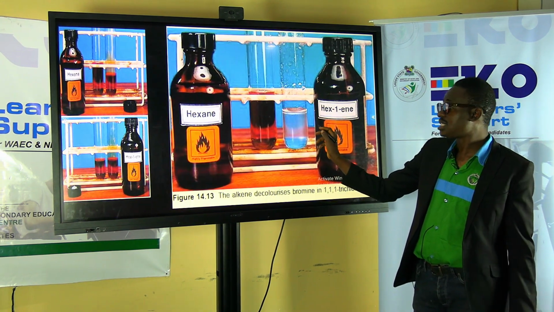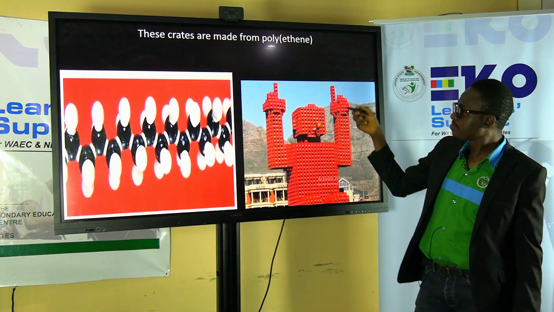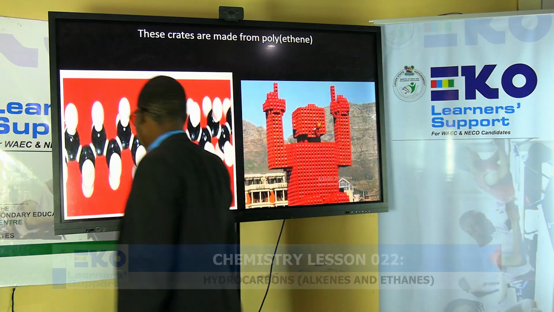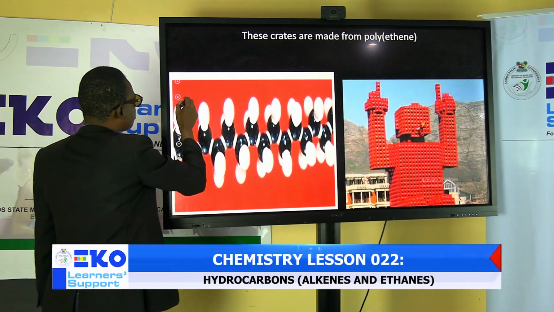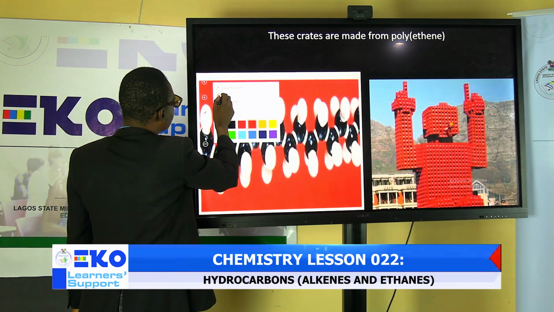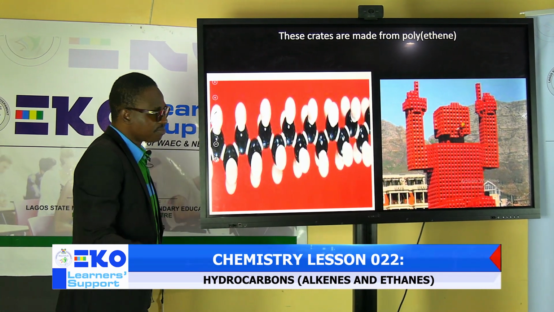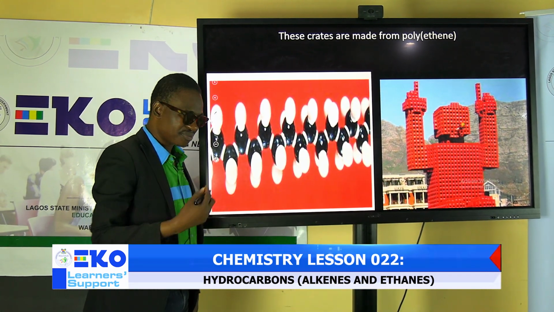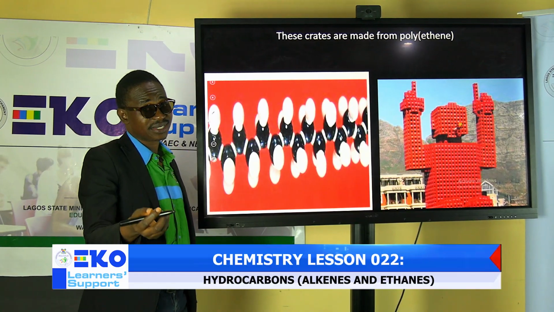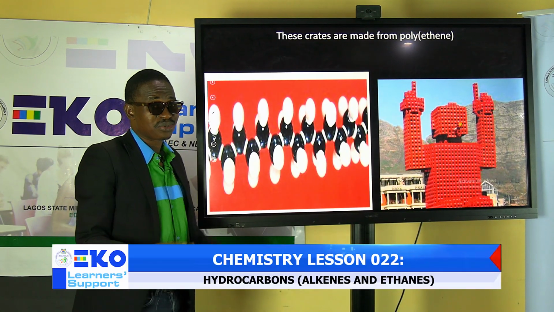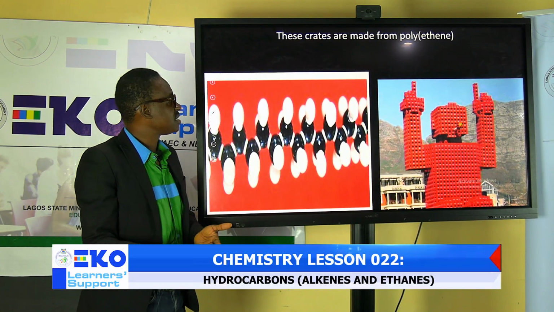So please note that. Also, we are going back to the uses of this particular compound. Ethene can be polymerized. Another chemical property you need to know. It forms what we call polythene.